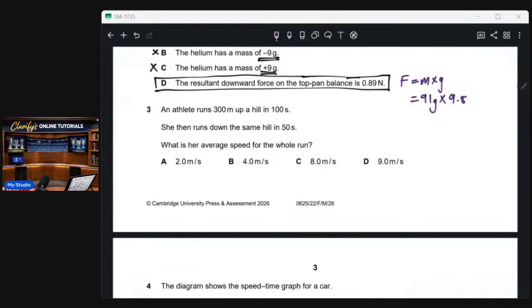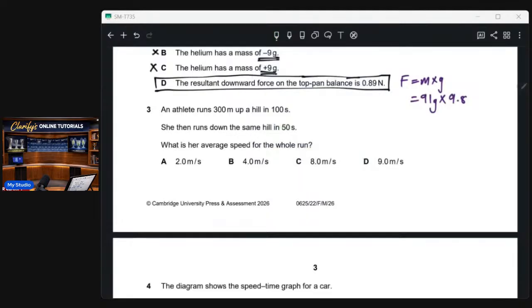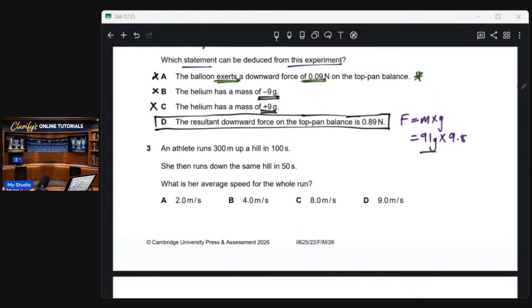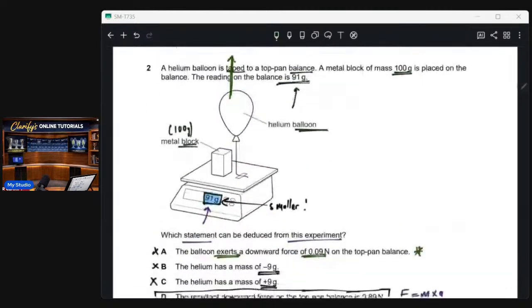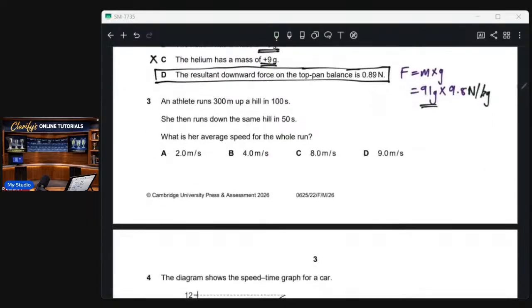Let me explain something here because it's very important. This mass is in grams. Well, we want newtons per kg, not newtons per gram. So here you had this mass being 91 grams. You should convert it to kgs.